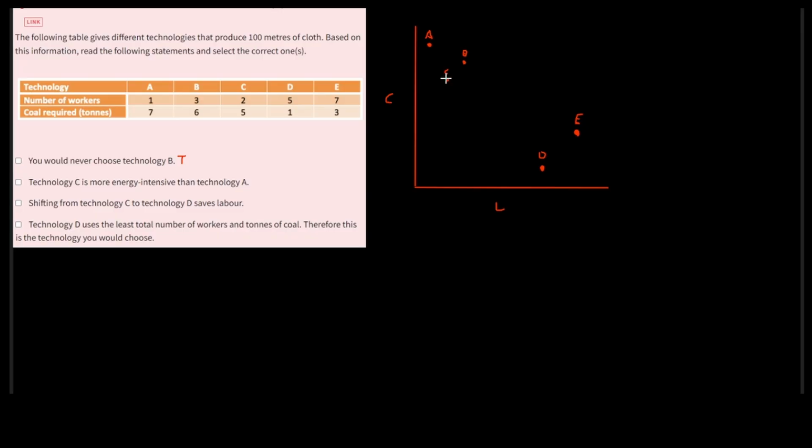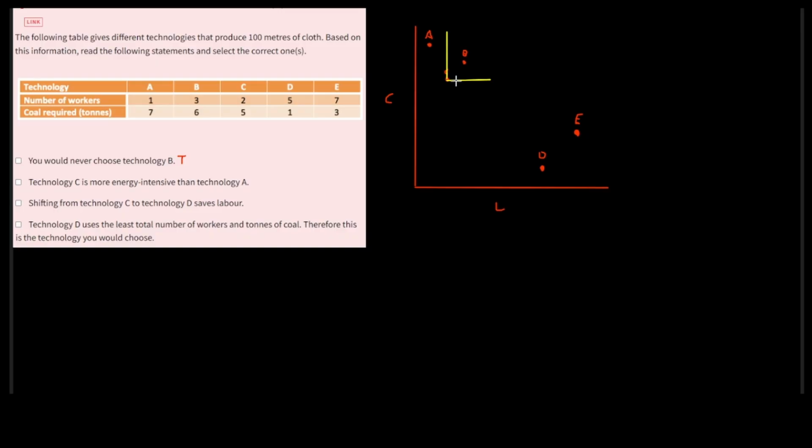Going from C, I can go vertical line up, I can go horizontal line across, and what we see is that no matter what, B is always up and to the right of any possible isocost that could flow through C. So in this case, B is entirely and always dominated by technology C. So no, there's no way that we would ever choose B.